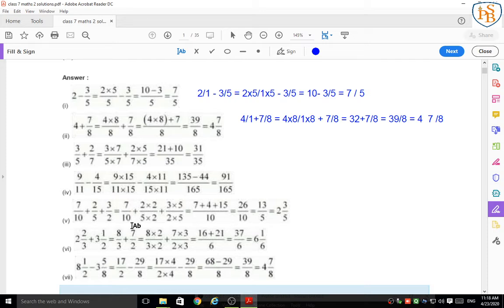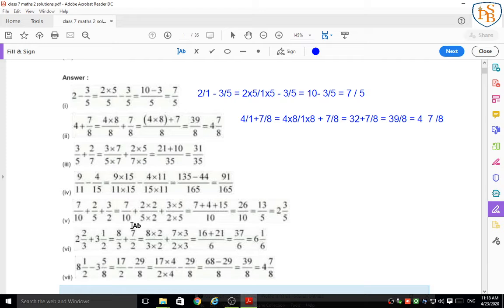When we think about their tables, we know that the table of 5 has 10 at the second place and the table of 2 has 10 at the fifth place. So the LCM of 10, 5 and 2 is 10. So 7 upon 10 already has denominator 10, so it is not necessary to multiply it with any number.